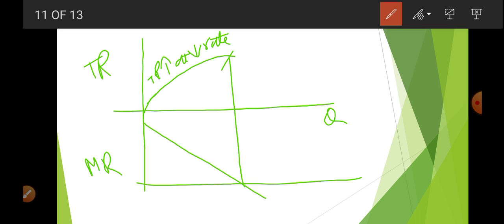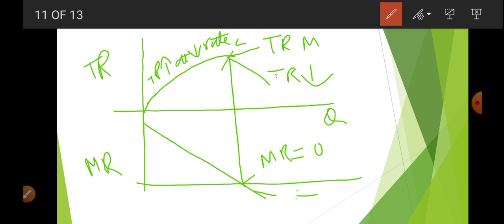And at this point L, TR is maximum. And after it TR starts to decrease. Now here MR is equal to 0. Here MR is negative and here MR is falling but positive. So that we find. And if you draw the AR curve, this is your AR curve. It is going above the MR curve. The fall in the AR curve is just half of the MR curve.